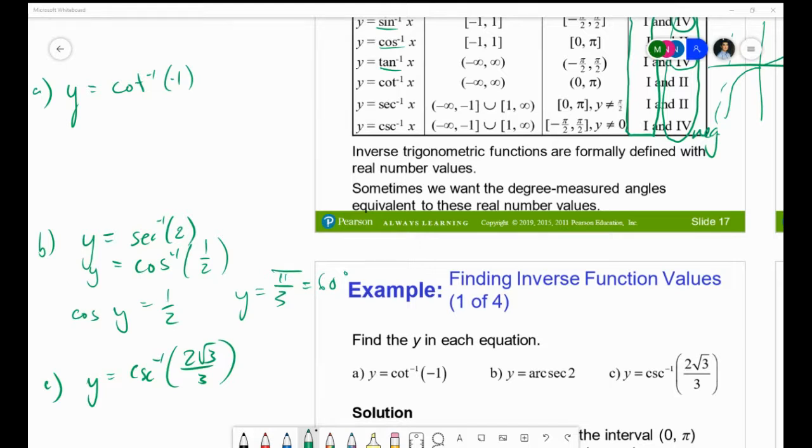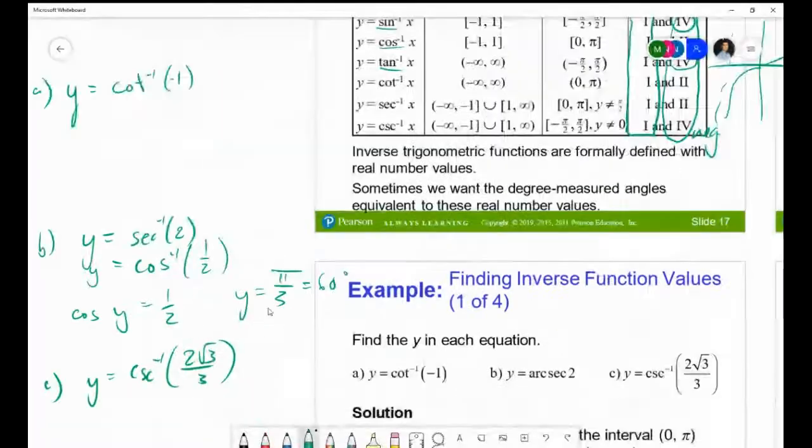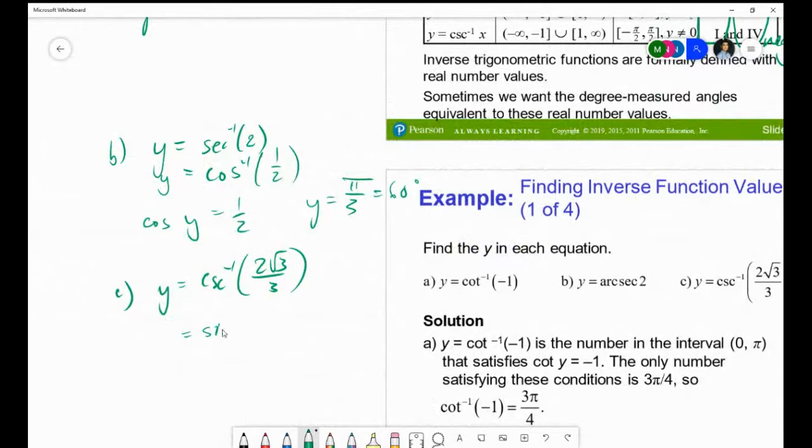All right, Mai? You hear Mai? Yes. Okay. What is C? Let's see. I get sine of... three. Okay, now what? You should probably rationalize this.